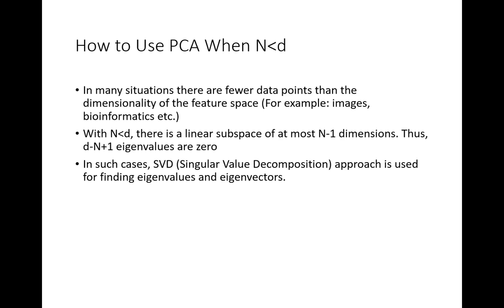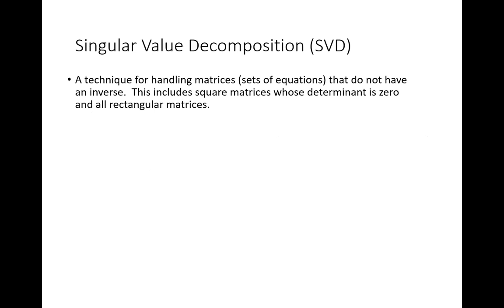All right. So let us see what SVD is. SVD, as I said, stands for Singular Value Decomposition. It's a technique for handling matrices or sets of equations that do not have an inverse. Because if you have a rectangular matrix, you cannot define an inverse of a rectangular matrix. The inverse of a matrix exists only when you have a square matrix, and that too when the square matrix doesn't have a determinant equal to 0.